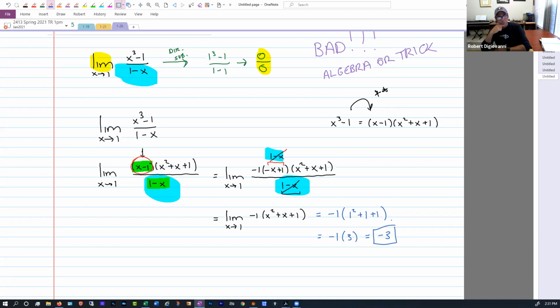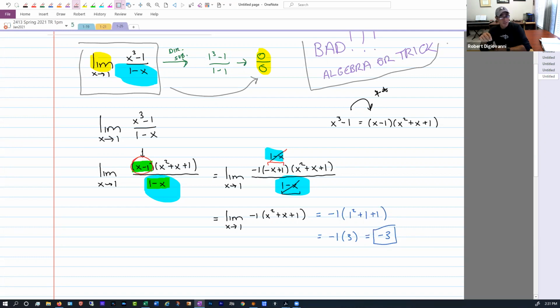So a couple of things I want to point out on this. I just want to run through it all one more time. We started out with the original problem here in gray. We tried direct substitution. We got 0 over 0. At that point, we realized that that's bad and we have to do something.